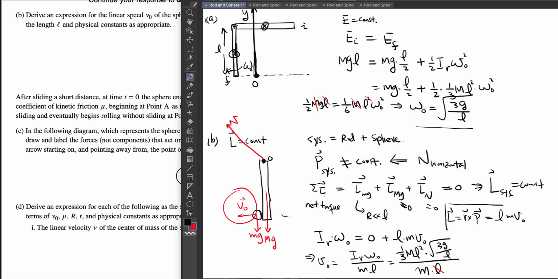One L cancels, and little m cancels with capital M, leaving a 2, because capital M is 2 little m. In the end, v0 is given by the square root of 4gL over 3.